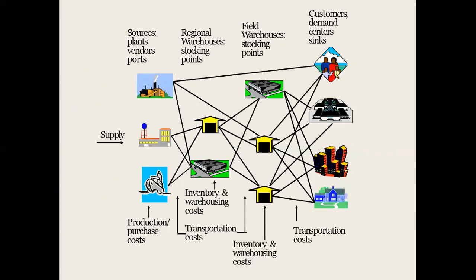Then from the factory, there will be another warehousing in the second stocking point, with another inventory and warehousing cost. From those warehouses, we move to our showrooms. There will be transportation cost, and then we fulfill our customer demand. So the whole process is known as my supply chain, including different kinds of cost.